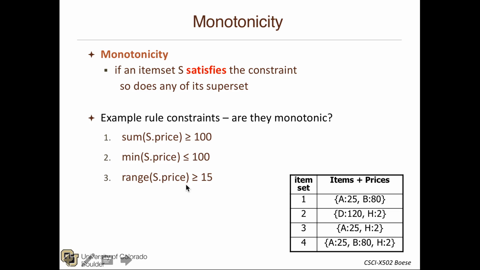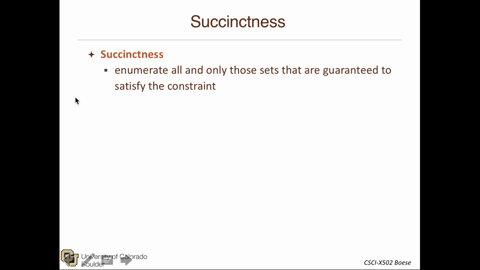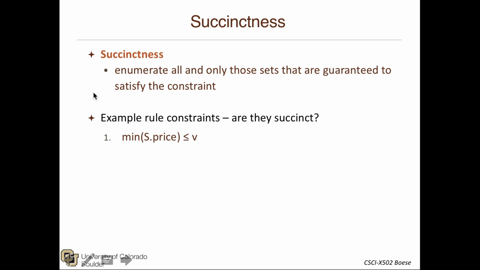Okay, so then succinctness. We're looking at enumerating only those sets that are guaranteed to satisfy the constraint. So if we have, for example, the minimum of the subset price is less than or equal to V, is that succinct?